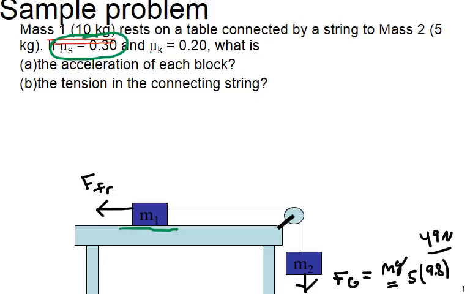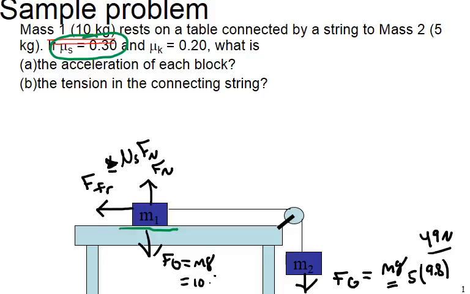And then for friction, we've got the normal force here, we've got force of gravity. We calculate force of friction is less than or equal to the coefficient of static friction times the normal force. So the normal force is equal to force of gravity, which is mg, which is 10 times 9.8, which is 98 newtons.